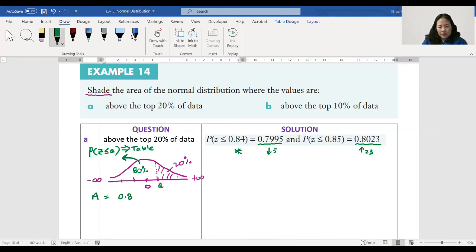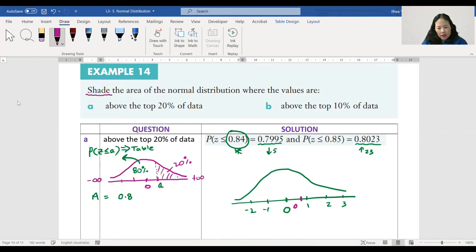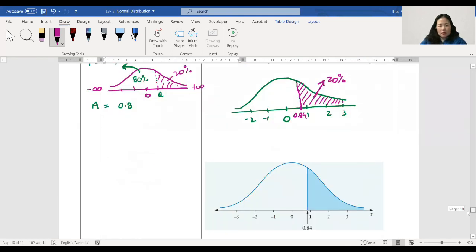My graph or sketch will look like, now I need to put the A value 0.84, roughly 0.84 here, and then go straight down, and this has to be 20%. Okay, so it's not my left hand side, it's my right hand side. Okay, so that's my 20% here.